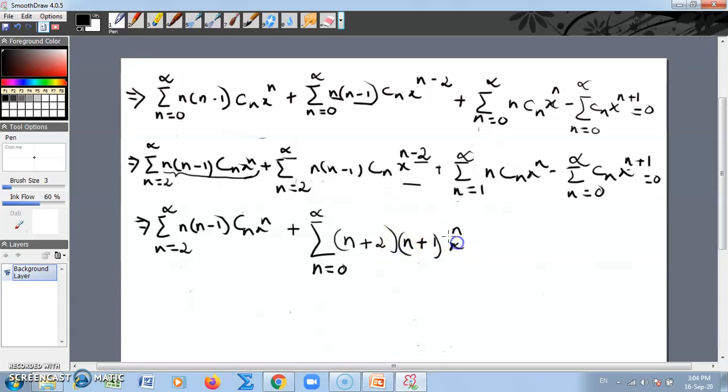So you see, everywhere what I have done is I have changed the value of n by 2. I have increased it by 2 in the second expression. Here it was x to the power n minus 2. So when I add plus 2, this becomes x to the power n. Here it was n, so n plus 2 comes here instead of n, and instead of n minus 1, n plus 2 minus 1 is n plus 1. So it comes like this.